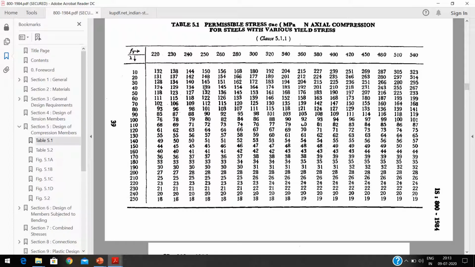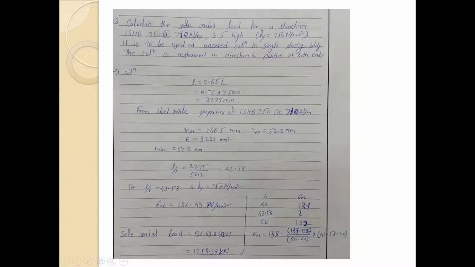It is somewhere between 139 and 132. So by interpolating, we get 136.49. That is the permissible stress sigma ac.